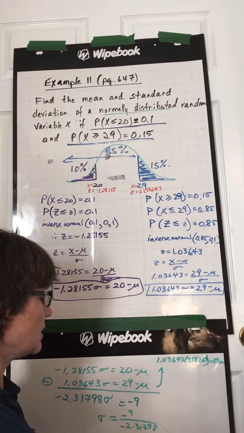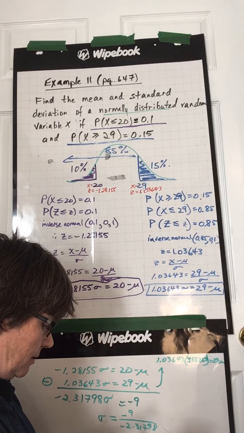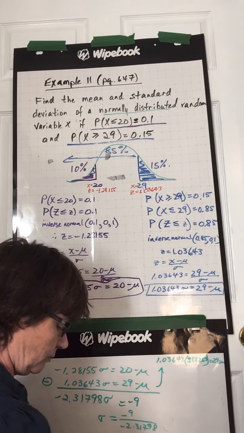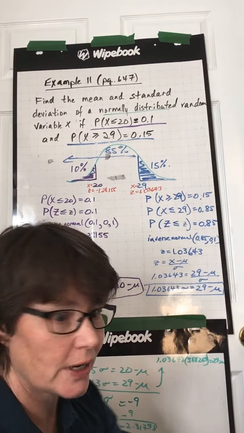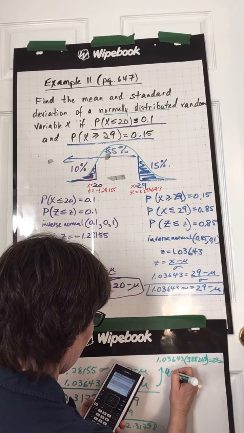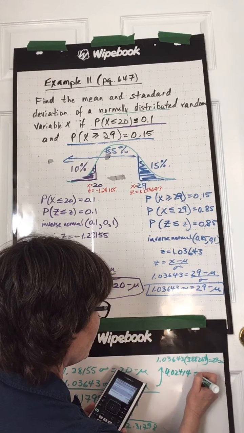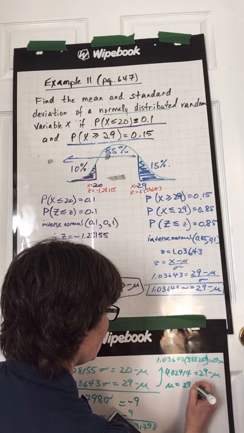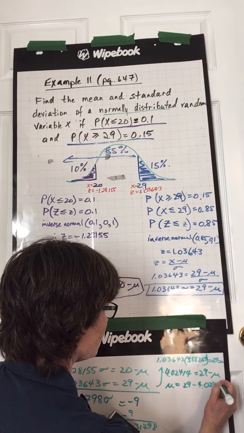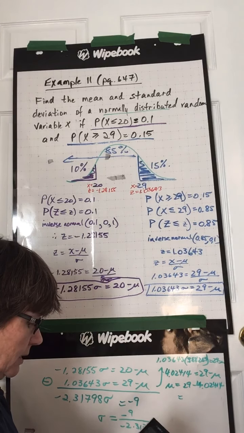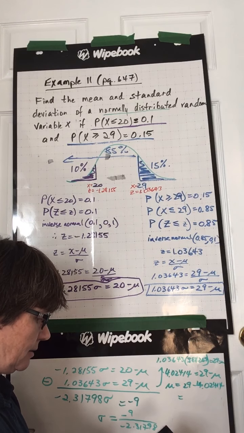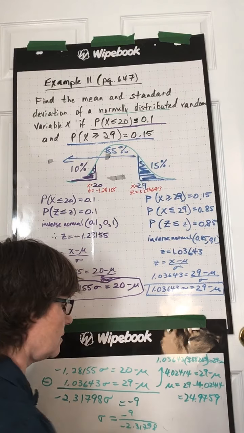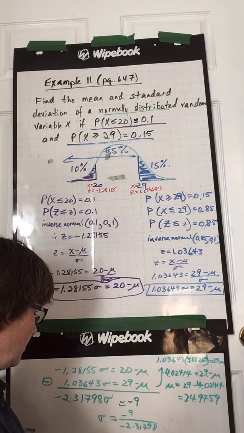So multiply those two numbers together, 4.02414. So this equals 29 minus this. 29 minus that answer, 24.9759. Okay, so 3 significant digits for final answers.